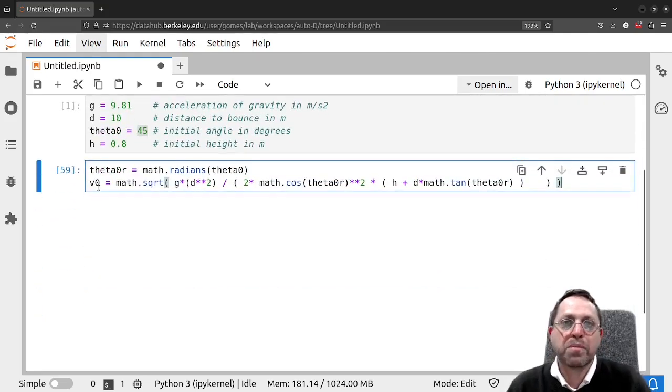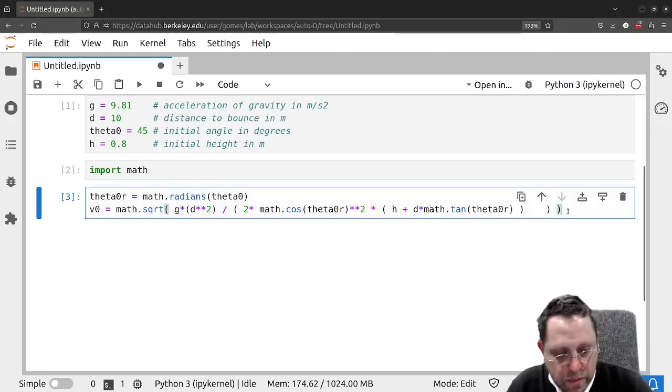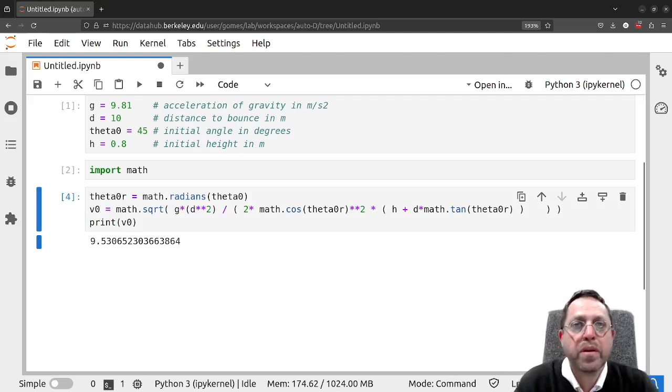Okay, but it doesn't print the value of v naught. So just as a final tip, when you want to print a value from a Jupyter Notebook cell, you can use the print function as always, print v naught, and that will give me the value of the velocity.